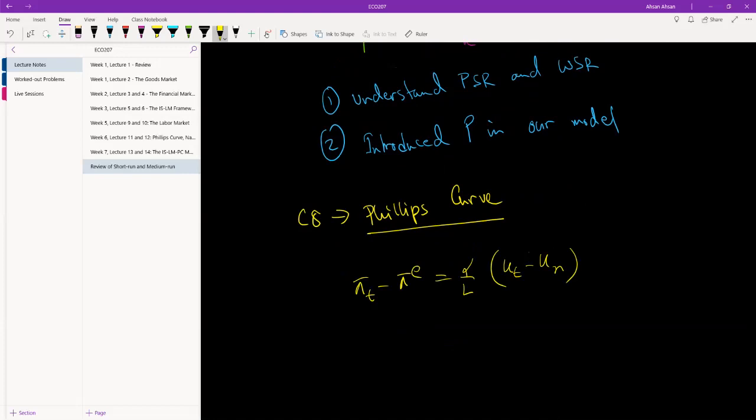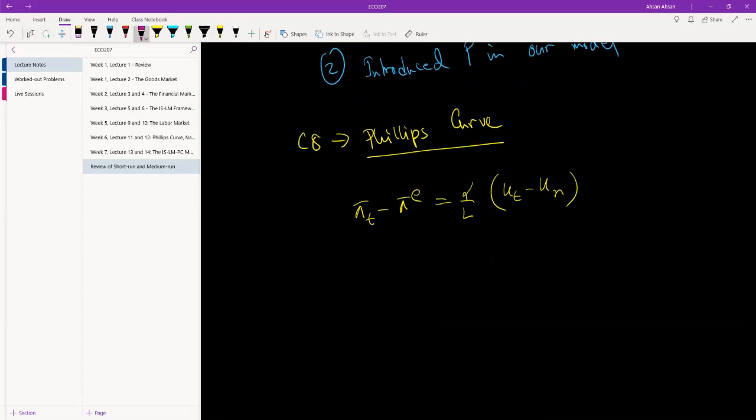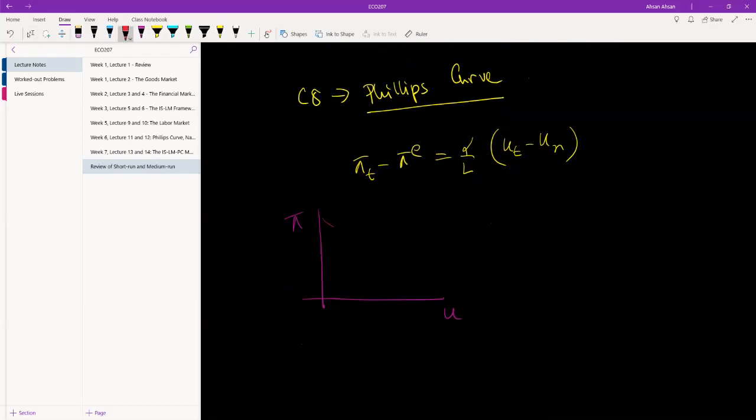I may be mistaken. But effectively, what we saw, if I were to explain it graphically, is that unemployment here, we have inflation here, and the relationship initially thought to be like this.